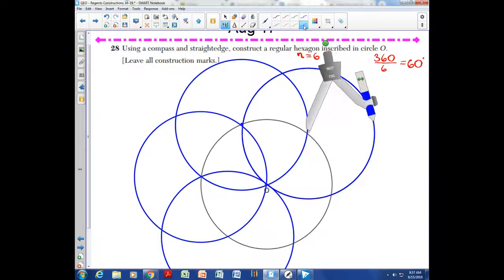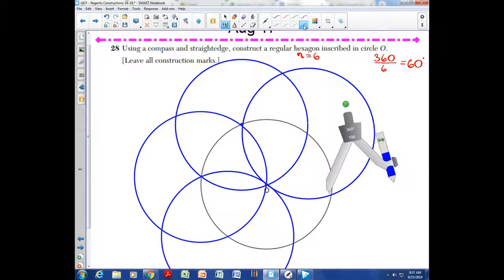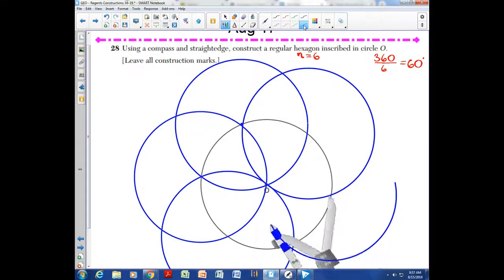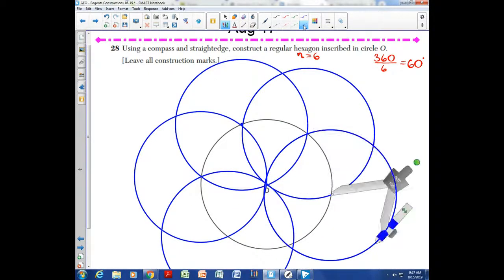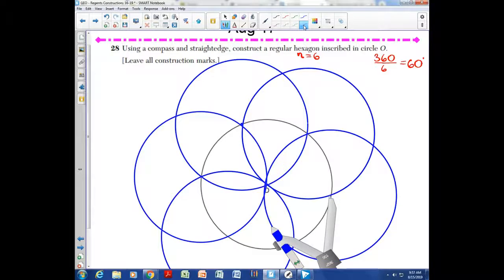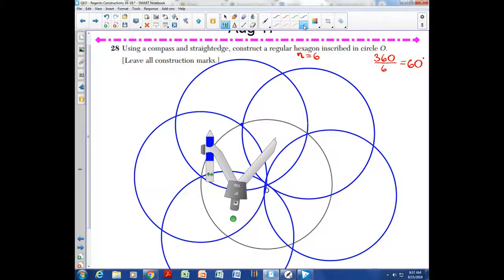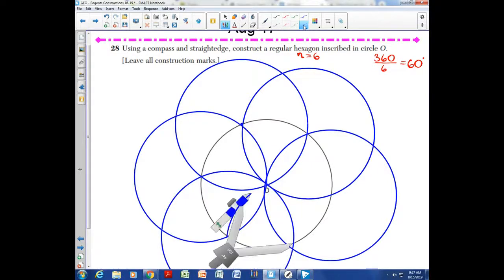Sometimes it doesn't work so great on the smartboard because it's not that accurate. I'm doing my best here. Oh yeah, this is not a very good one. Okay. Got one more. See how that one came off the circle? It's not very good, so I'm just going to cheat a little bit.